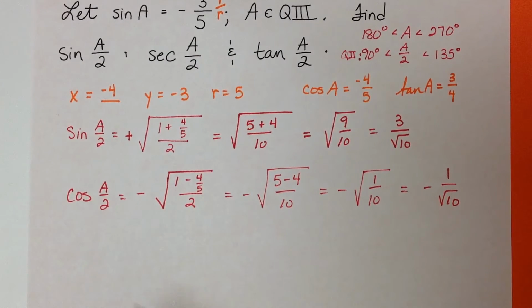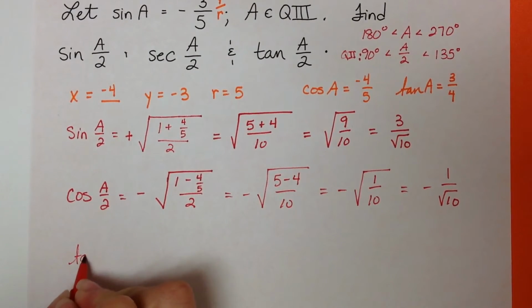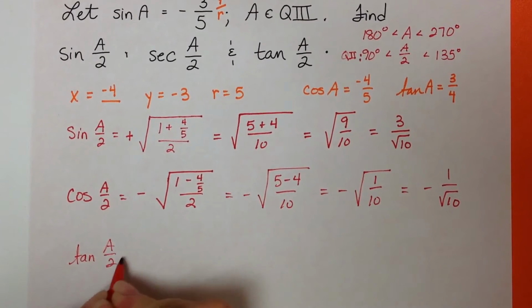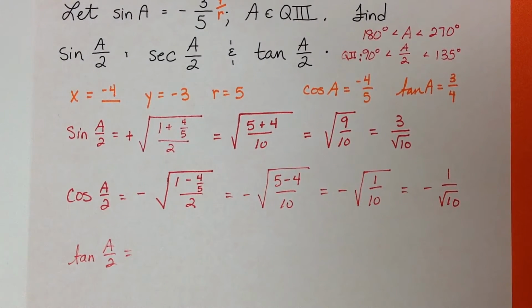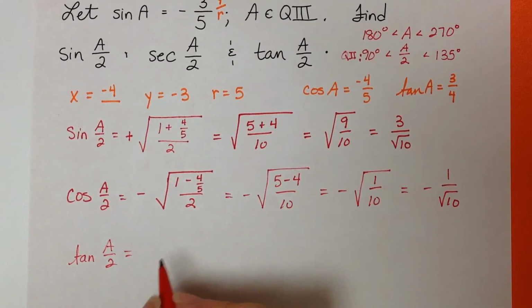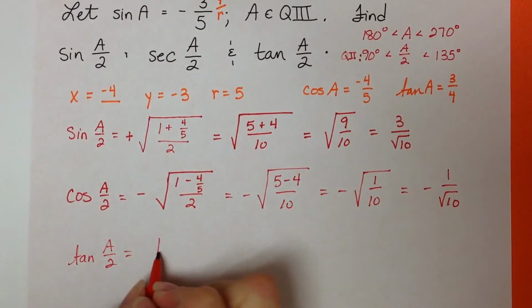And last is the half angle for tangent. Now your formula, again, for half angle for tangent, remember I told you you could choose whichever one you wanted to. I'm just going to use the first one. You don't have to make a decision there whether it needs to be positive or negative. That part's actually just kind of all worked out in its formula. So we have 1 minus cosine.